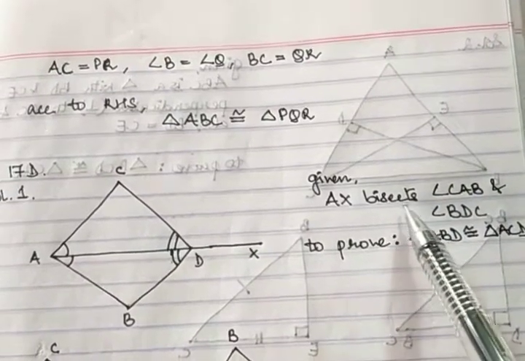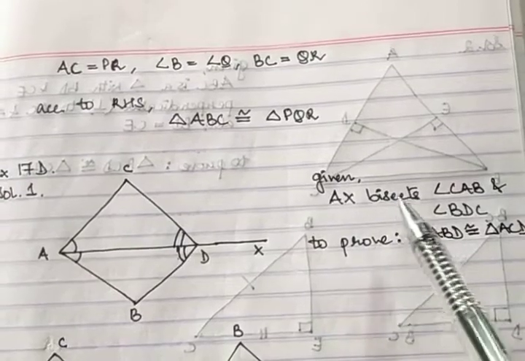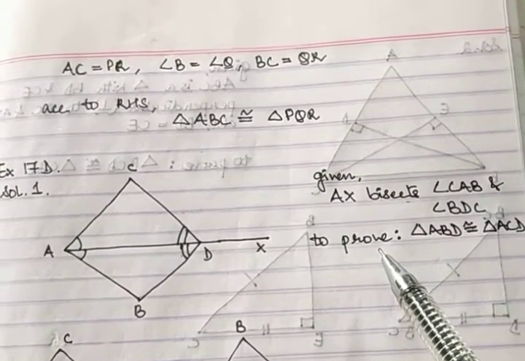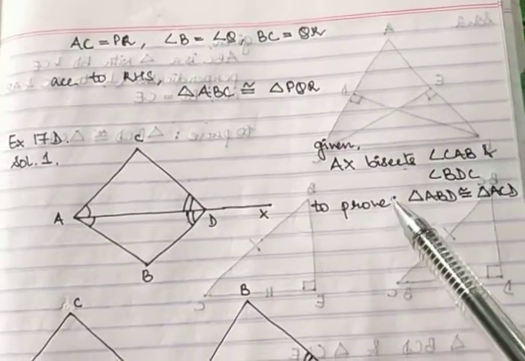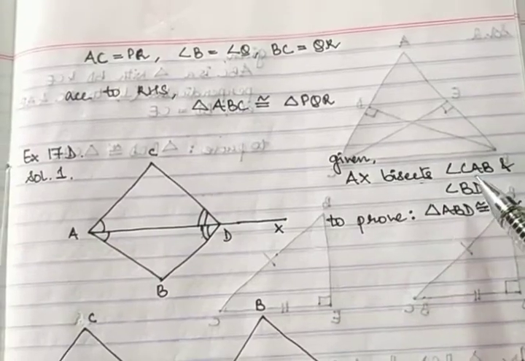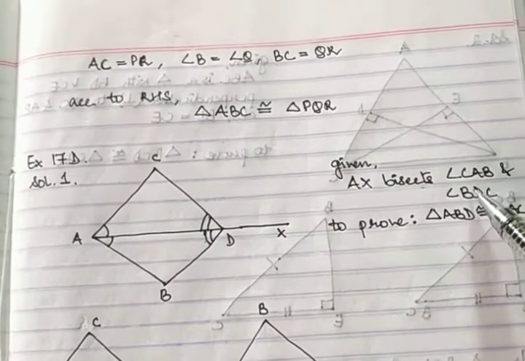Now you might recall the term bisect. What does the term bisect mean? It means it divides the angle into two equal halves, isn't it? Bisect can mean angle or side, but here since it says AX bisects angle CAB and angle CBD, that means these two angles have been divided into two equal halves.